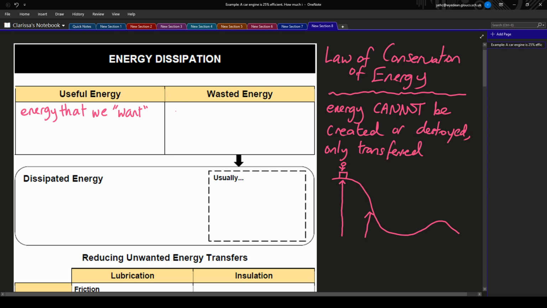And wasted energy is energy that we don't want. Here's an example. Let's say we had a television. Here's my television.